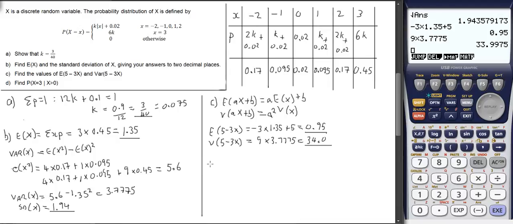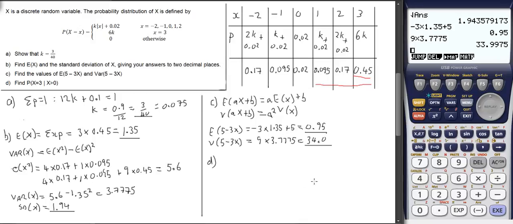And lastly, D, find the probability that x equals 3 given that x is greater than 0. In other words, find the probability that we land on this one given that we're greater than 0, given that we're definitely in here. Well, intuitively, that's simply how much of this whole section is 0.45.